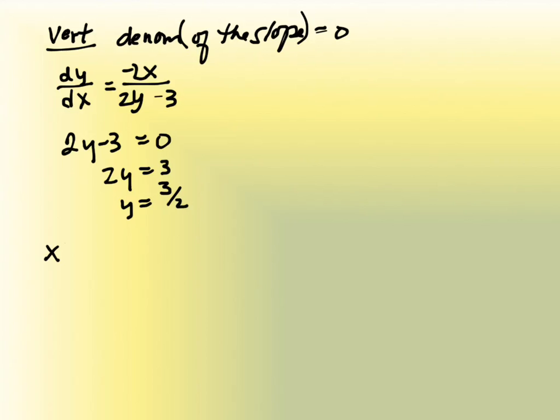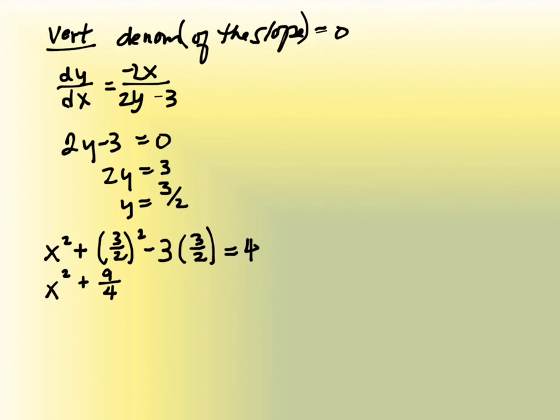So I have x squared plus 3 halves squared minus 3 times 3 halves equals 4. Okay, help me out. What is 3 halves squared? Yep, 9 fourths. What is 3 times 3 halves? Negative 9 halves. And this is equal to 4.